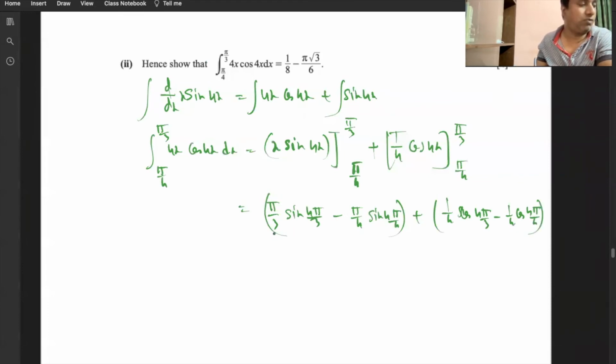And if we use a calculator directly, we can easily find the result, that is 1 by 8 minus, I've simplified this, 6.